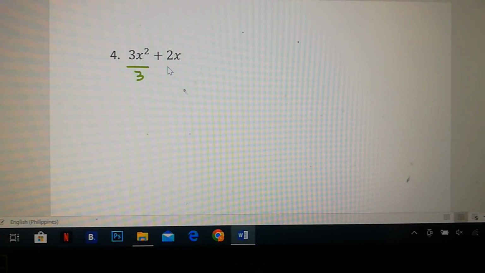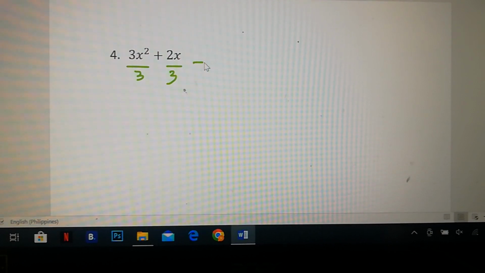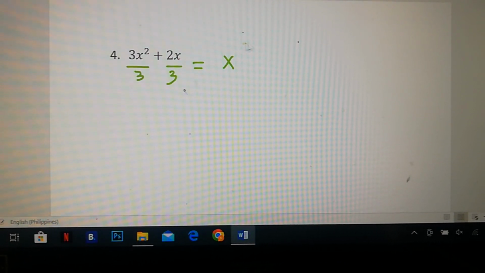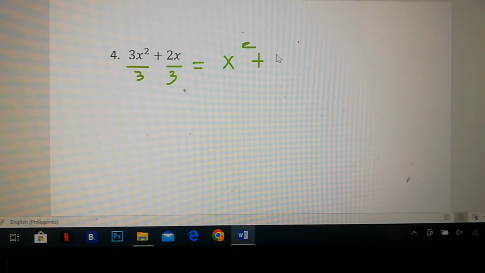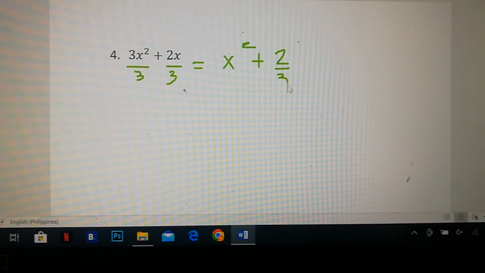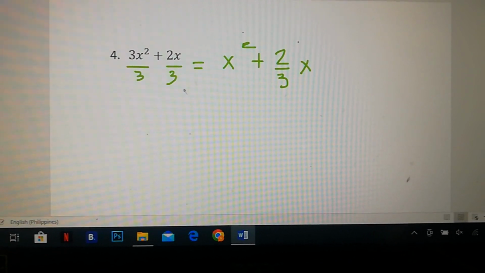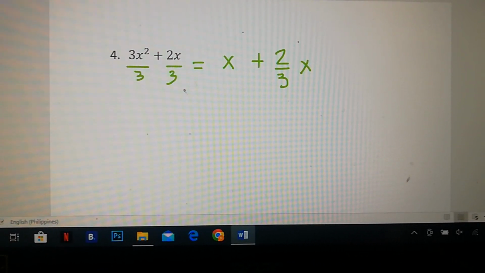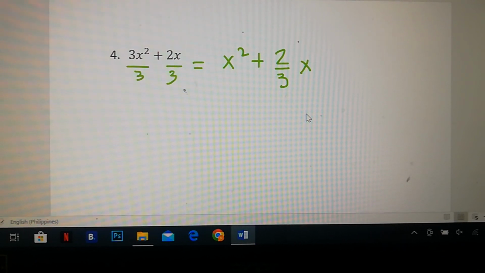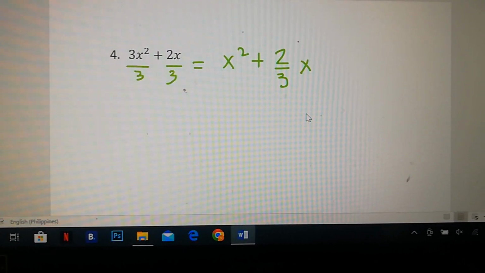Next, number 4. The coefficient of a is equal to 3, so we divide each term of the expression by 3. So the result is x squared plus 2 over 3 x.